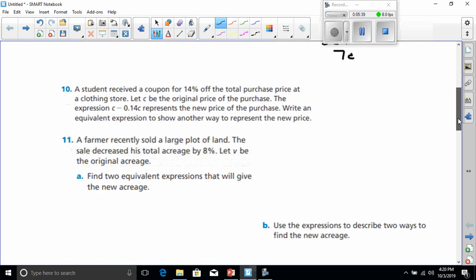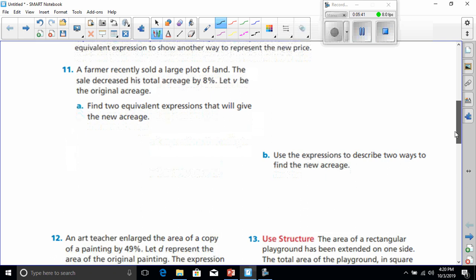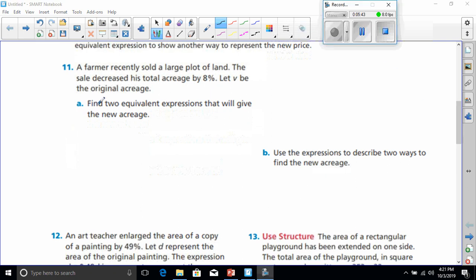Now let's go to number 11. Number 11 says, a farmer recently sold a large plot of land. The sale decreased his total acreage by 8%. Let V be the original acreage. Find two equivalent expressions that will give the new acreage.